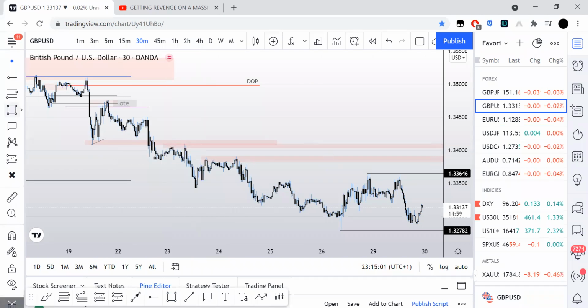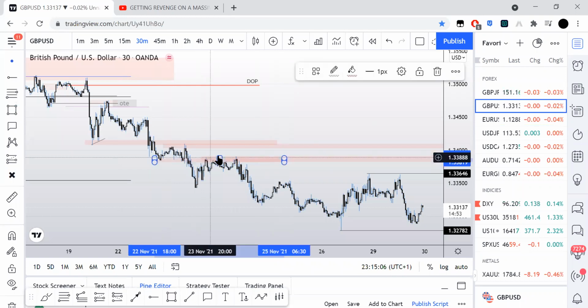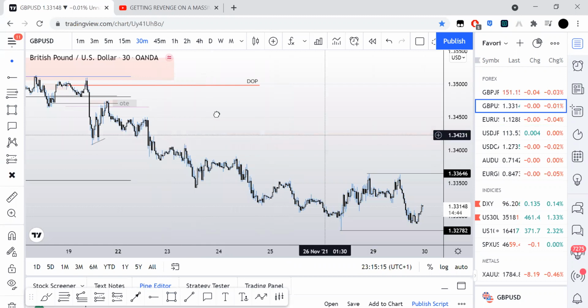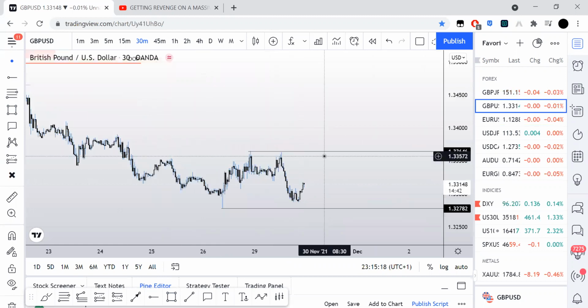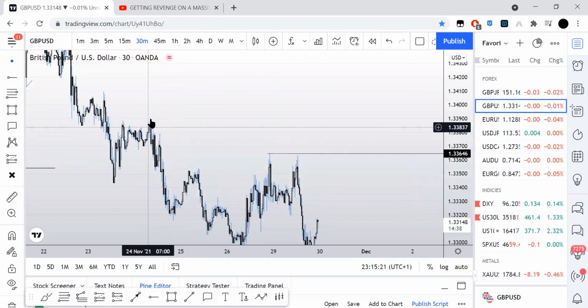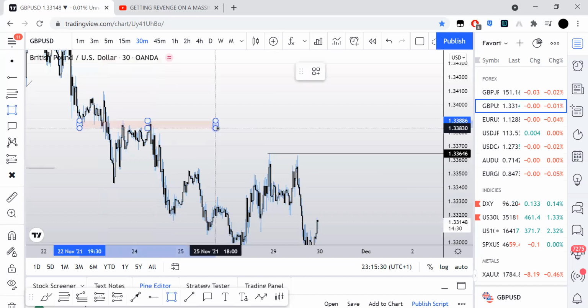Look, support turned resistance. So everybody's trailing their stops from this swing. All of this is just resting liquidity to be taken out once we get a nice pump. So trying to sell from here, you might get a small reaction, but it's not as probable for this to hold, because of this.